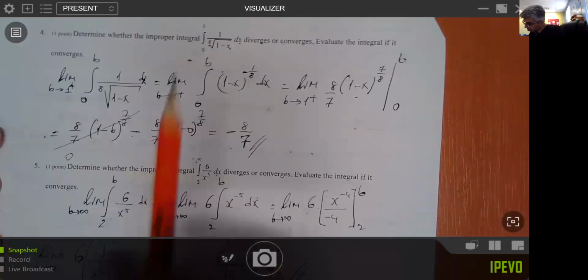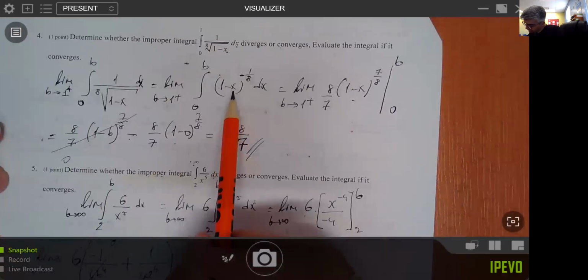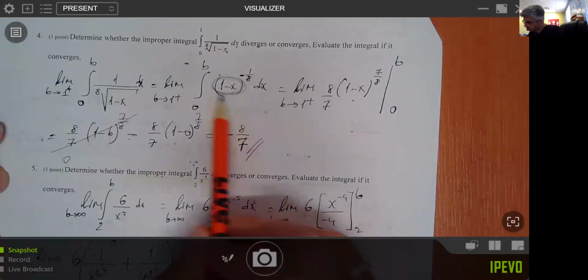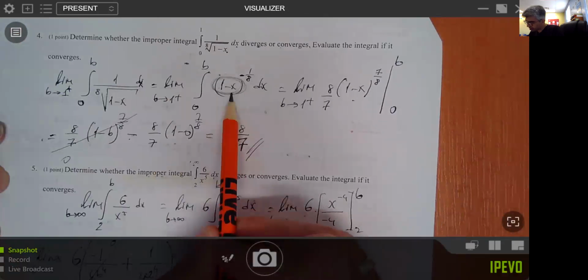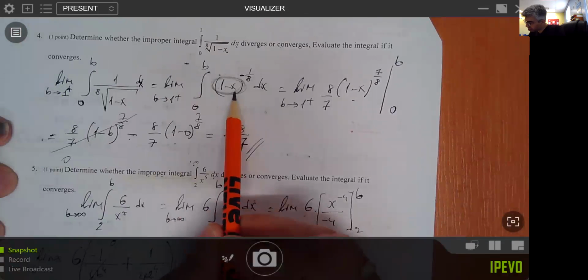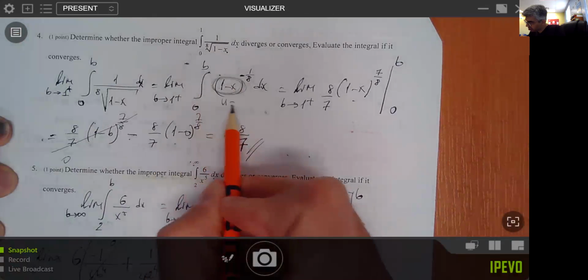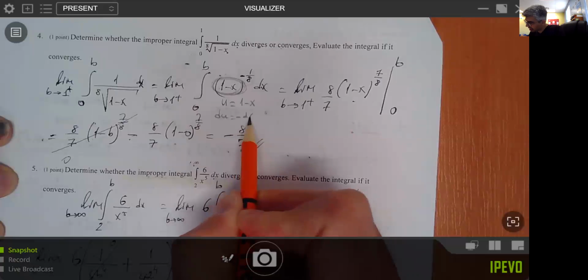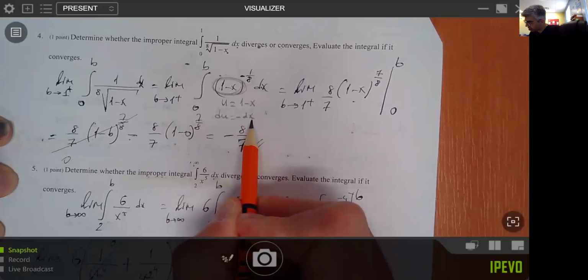I want to turn back to the previous question here. Attention, what I missed: this is a function 1 minus x, so when I apply the integral, I have to use u substitution here, where u is 1 minus x, du should be equal to negative dx, right?